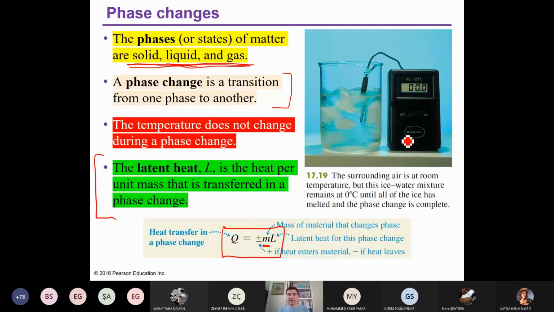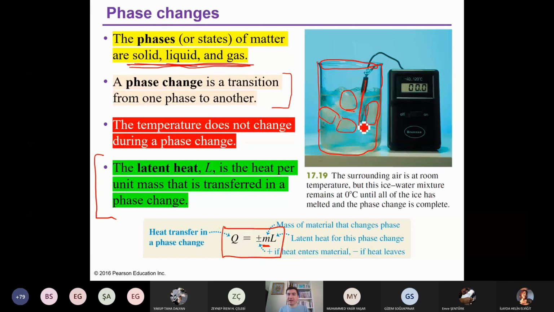Let's consider here we have a glass of water on the right side, okay, and in addition to the water we have ice cubes, okay. You see many ice cubes here within the water, and we have a digital thermometer here, and what do you see here? 0 degrees Celsius.